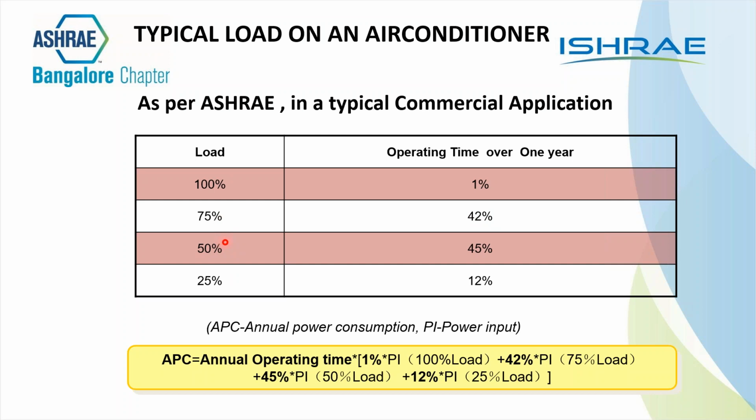That means, to put it in a nutshell, in a 10 hours operation, you have 50% load. That means for 5 hours, your requirement is only 45%, and for 7.5 hours, your requirement is only 42%.